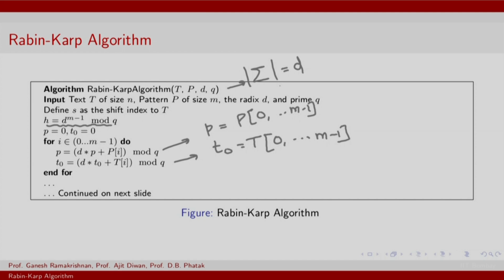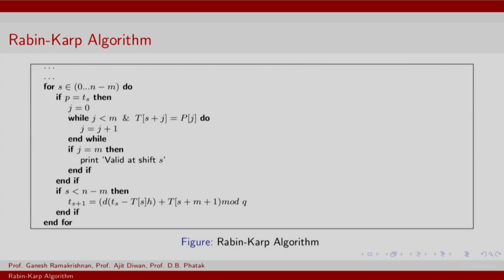So once we have done this pre-computation, we only need to make use of the modified Horner's rule with the modulo and compute the mod for subsequent sequences. So this is what we do. We look for a match of p to ts and we do this for every position s. If indeed there is a match, then we basically ensure that the two strings are the same.